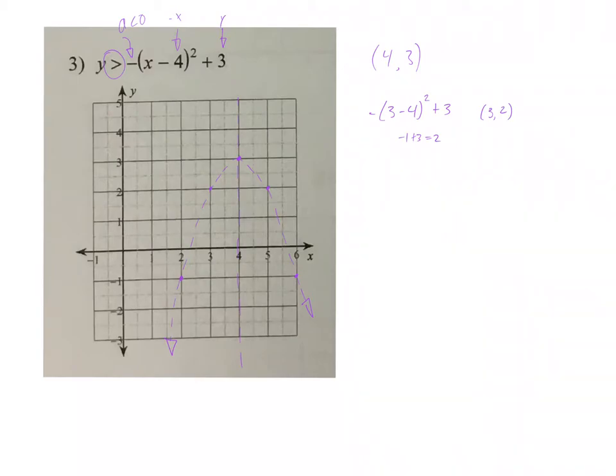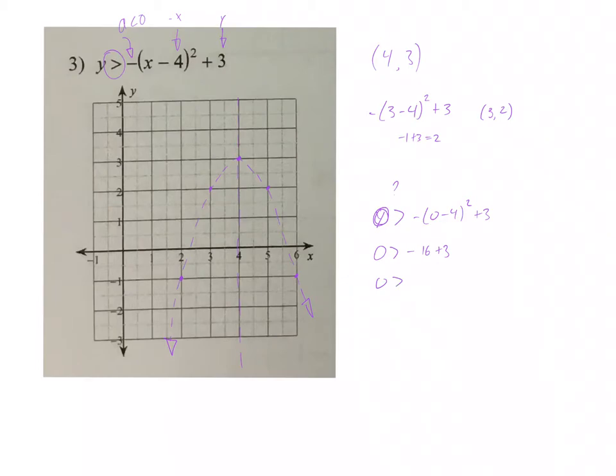So here we go. Is 0 greater than negative (0 minus 4) squared plus 3? So I'm trying to find out, is this true or not? Is 0 greater than, let's see, that would be a negative 16 plus 3.